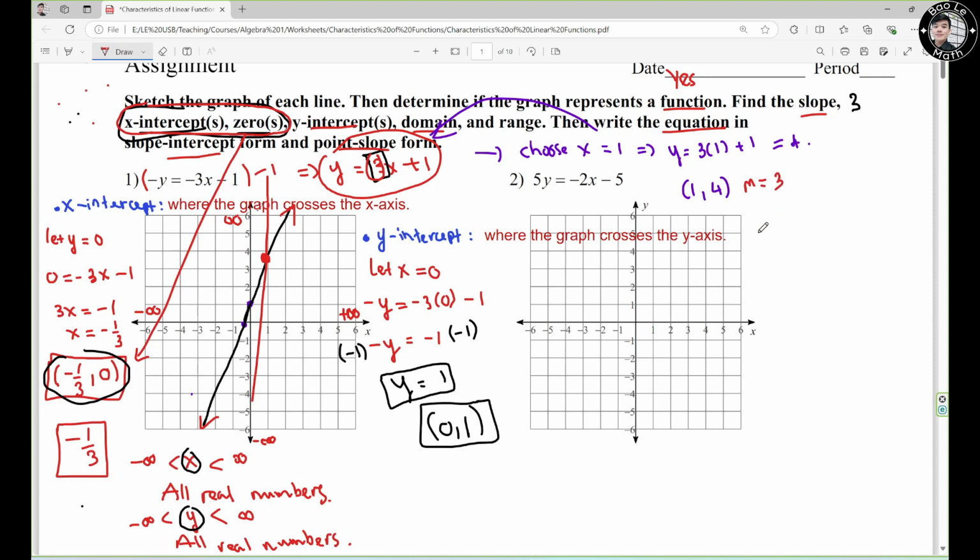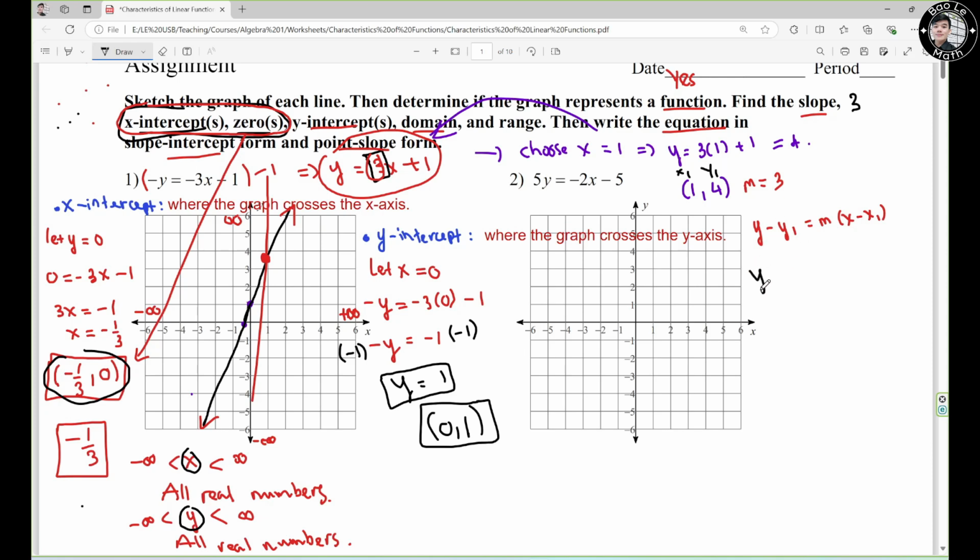So I use the point-slope formula. It's going to be y minus y1 equal to m times x minus x1. I substitute this right here, x1, y1, which means 1 and 4. This is x1, this is y1.